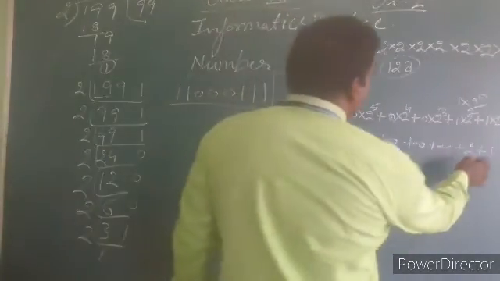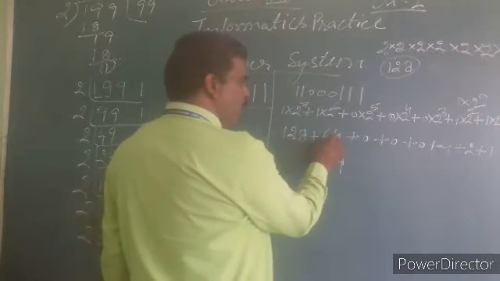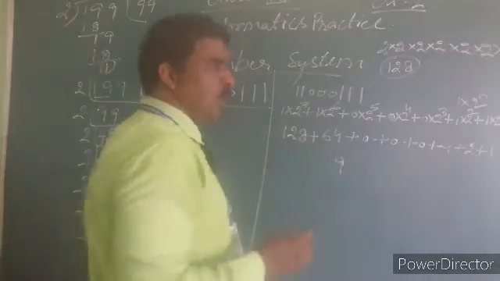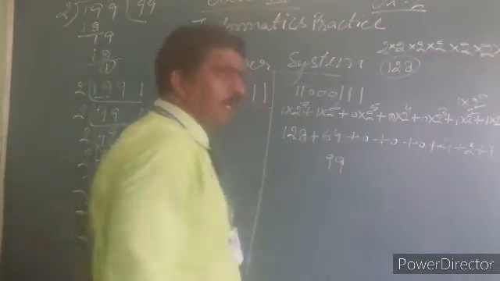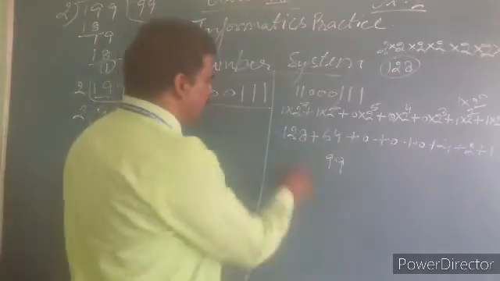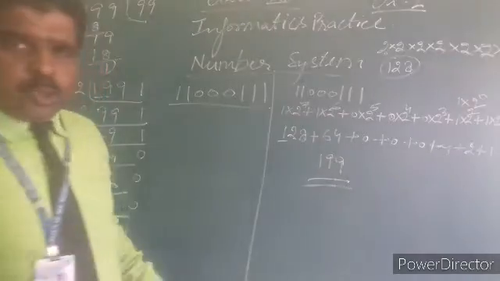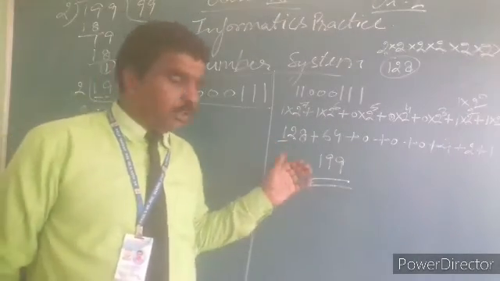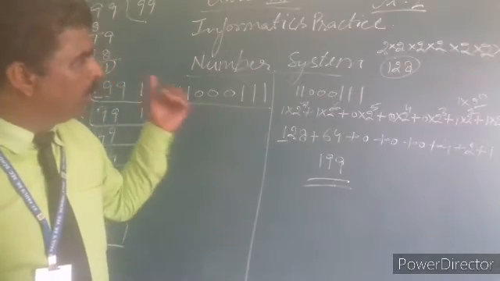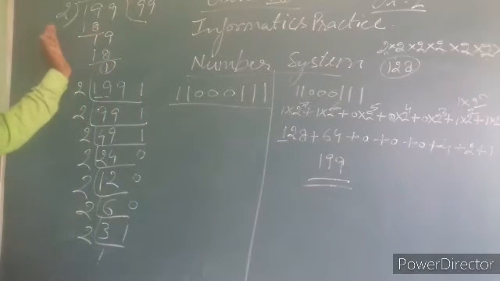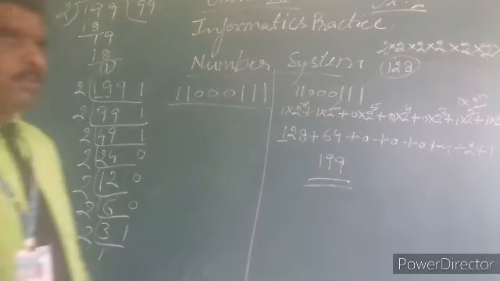Check it. 2 and 4 is 6, 2 and 6 equals 8, 8 and 1 equals 9. After that this number will occur. So it is totally checked that by this process you can convert a decimal number to a binary number or a binary number to a decimal number.